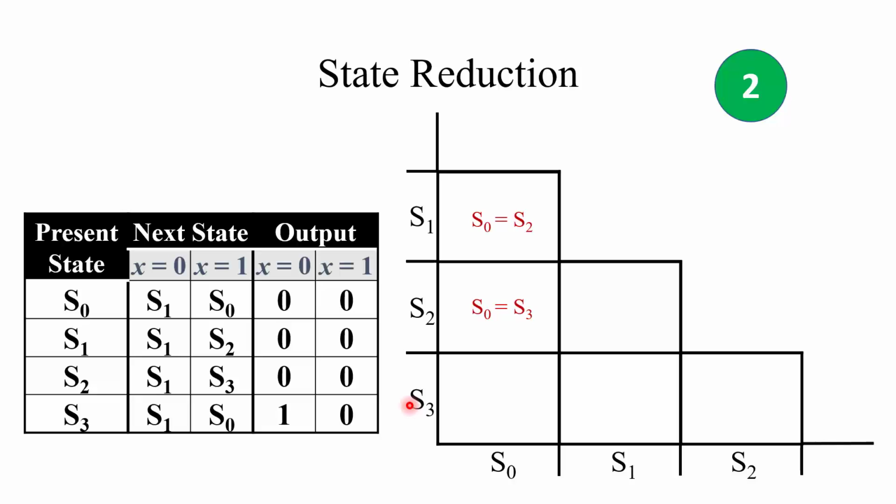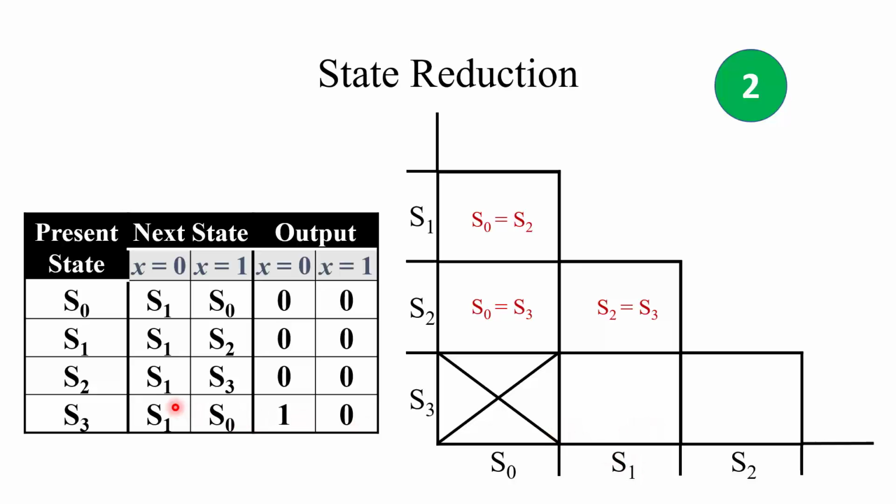In terms of S0 and S3, we can see that for input 0 the outputs differ, so simply these states are not equivalent. Coming on to S1 compared with S2, if we look at S1 and S2, the outputs are similar, but the condition for their equivalency is that S2 must be equivalent to S3.